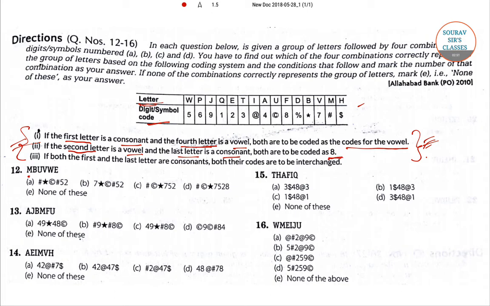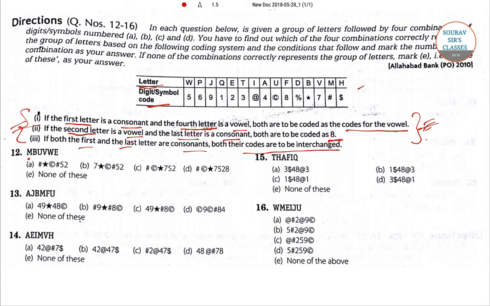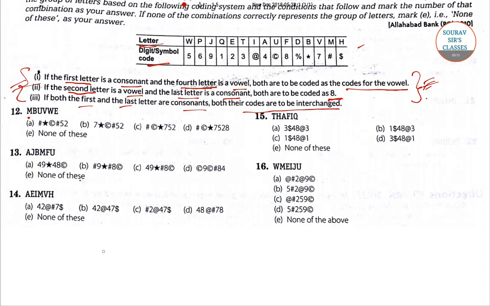And third one is that if both first and last letters are consonants, then both the codes are to be interchanged. That is, the first one should be the code of last letter and the last one should be the code of first letter. So the first set of letters that we have is M, B, U, V, W, E.